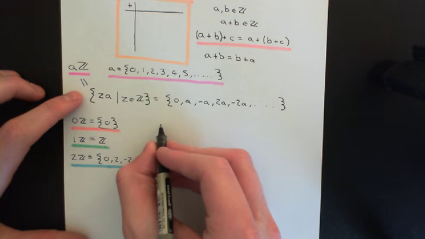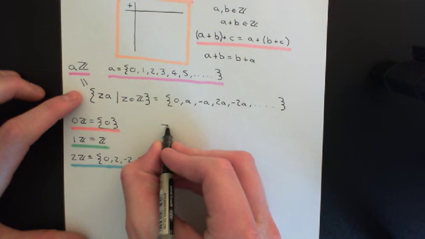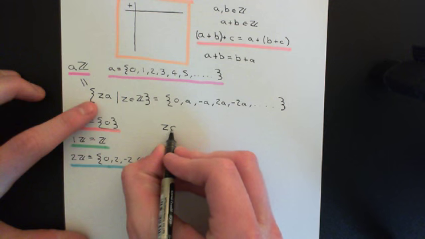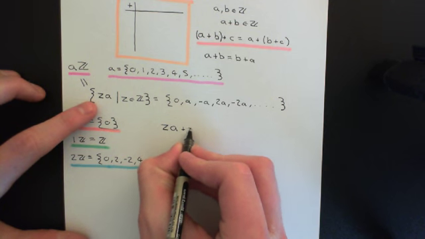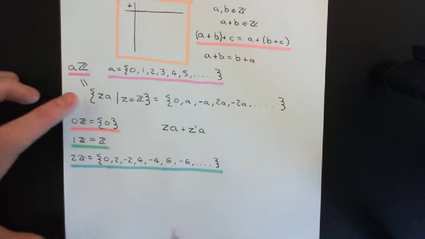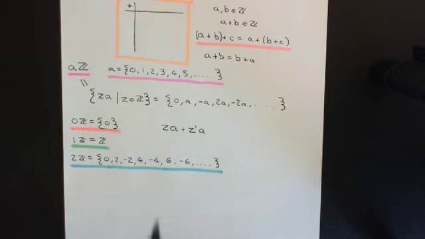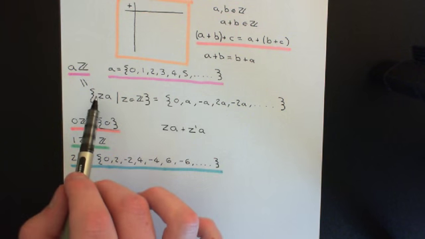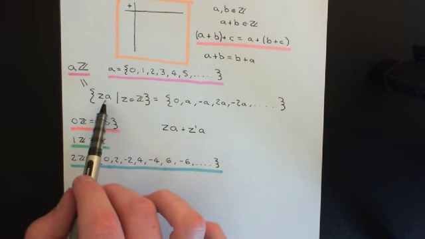If I take 2 arbitrary elements, they will be of the form za plus, let's say, z prime a. I hope you understand why that is. All the elements of this set are integer multiples of a.